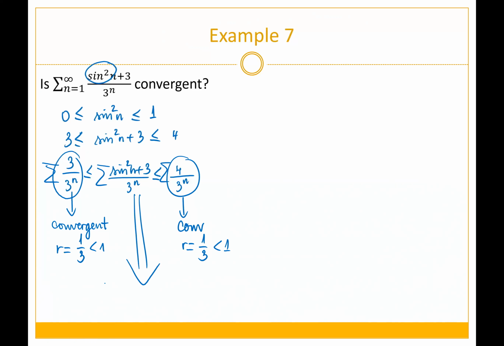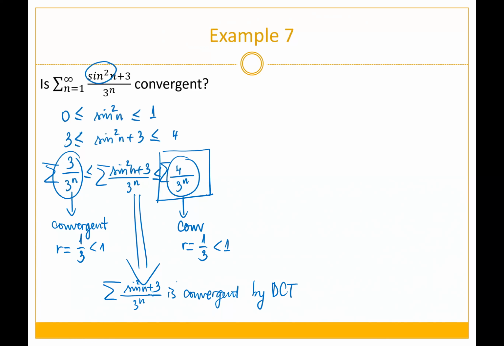So your conclusion is that sine squared n plus 3 over 3 to the n is also convergent by the direct comparison test, because you compare it with 4 over 3 to the n. If this series is bigger than sine squared n plus 3 over 3 to the n and is convergent, the bigger one is convergent, so the smaller one also has to converge by the direct comparison test.